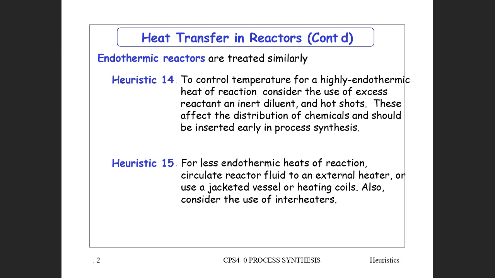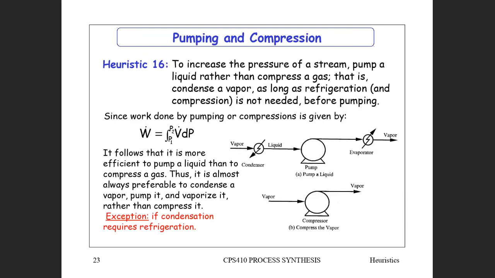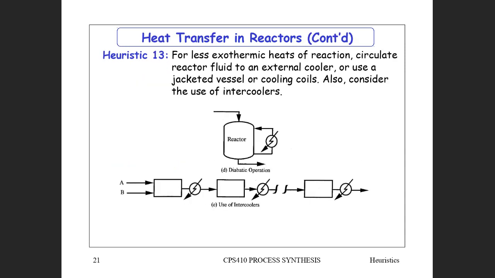And also consider the use of interheaters, and the interheaters are exactly the same principle. It's exactly the same principle as this, except these are coolers, and we would want heaters. If it was endothermic, we would have interheaters, and the temperature would start hot, endothermic heat of reaction, cool down, you heat up the stream, start hot, cool down, heat up the stream, and so on.